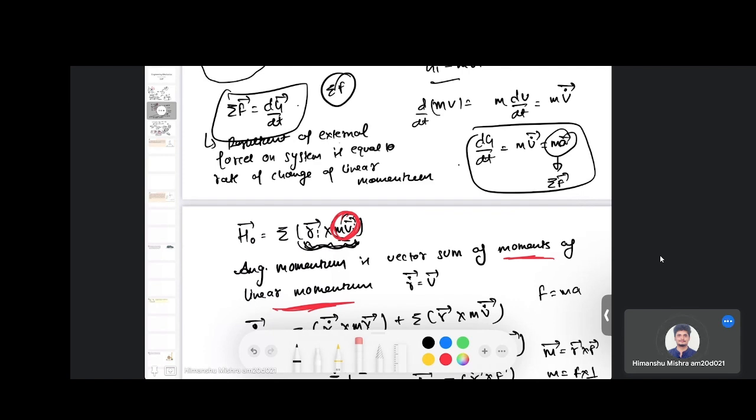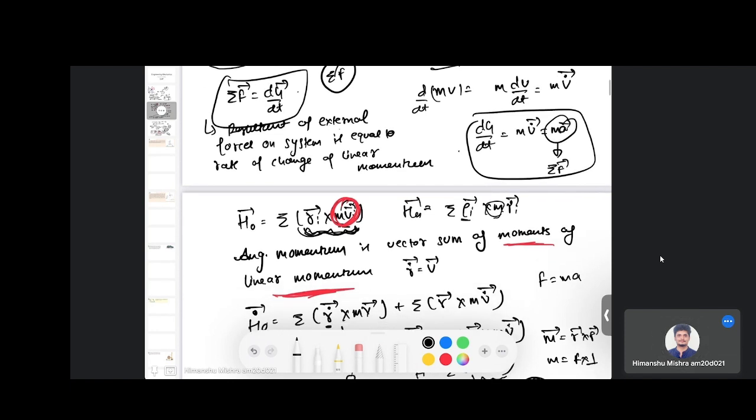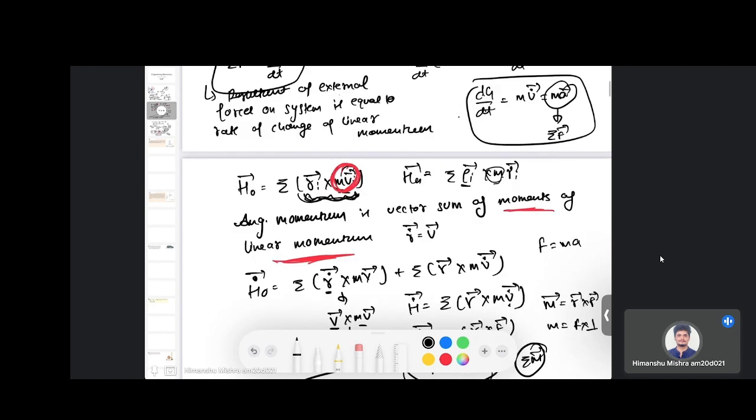So now, at the center of gravity, the moment expression is r cross m r dot. So this is a position vector from the center of gravity to some point having the mass m. And if, let's say, there is a point P which is a random point, then how should we find the angular momentum?